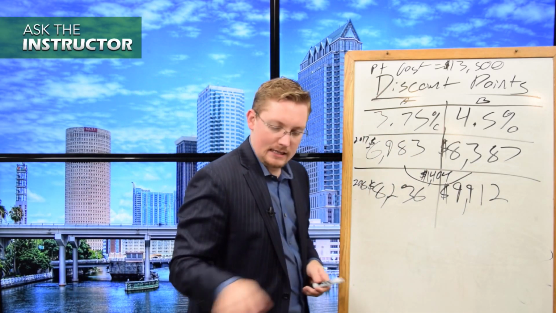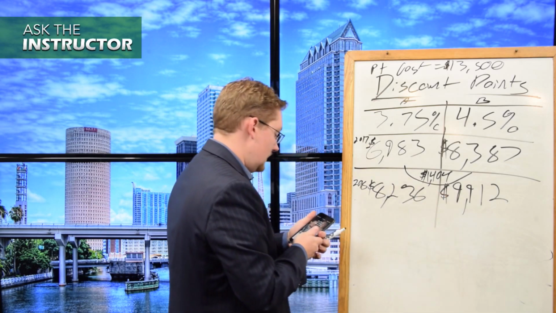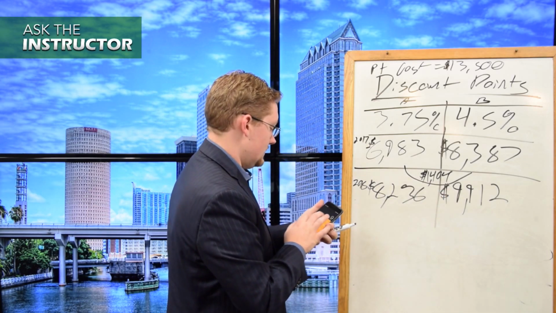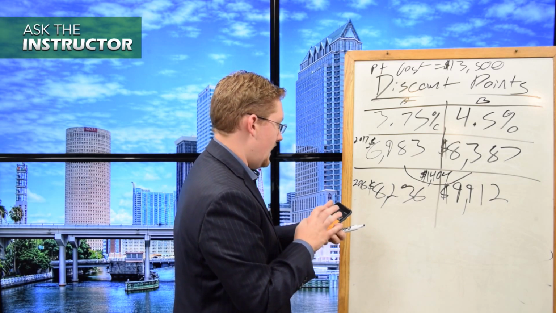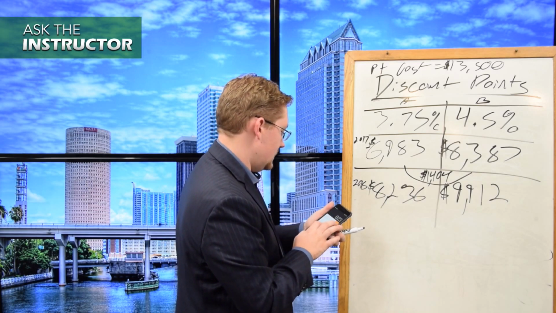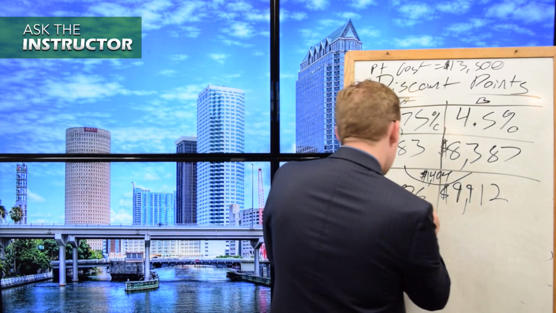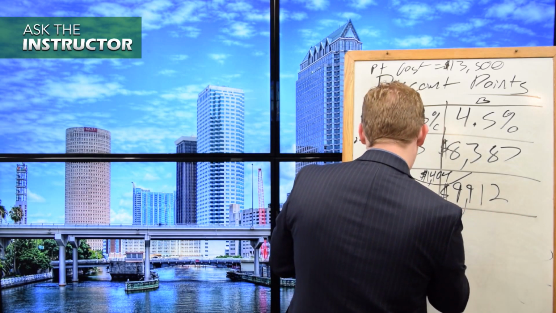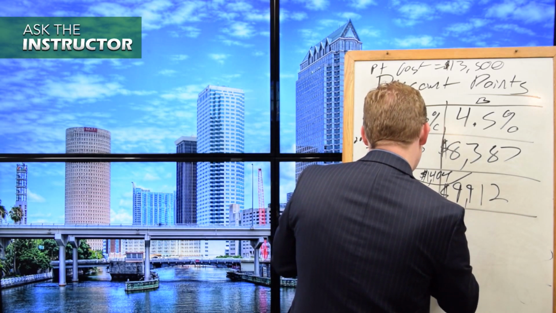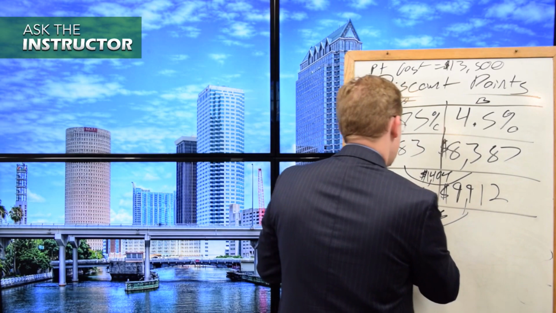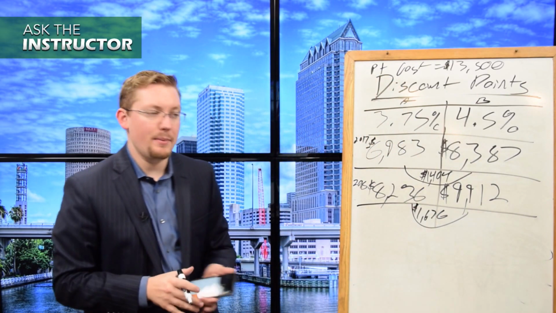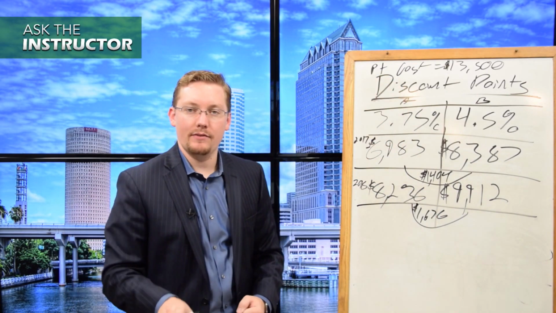For 2018, how much money are we saving? Well, all we're going to do is take 9,912 minus 8,236, and now we're saving $1,676. You can see this is going to take a long time to make up that $13,500.